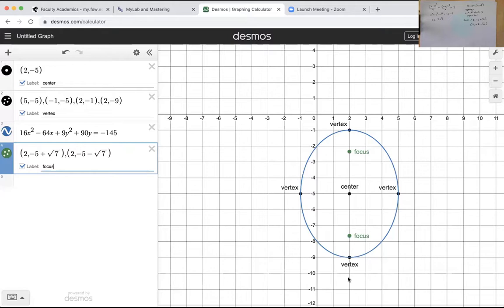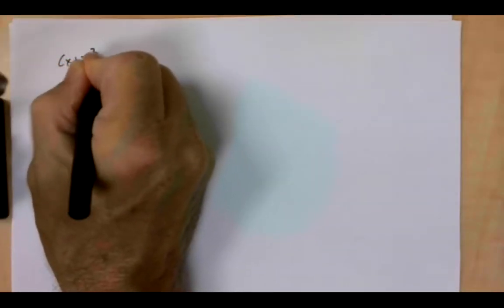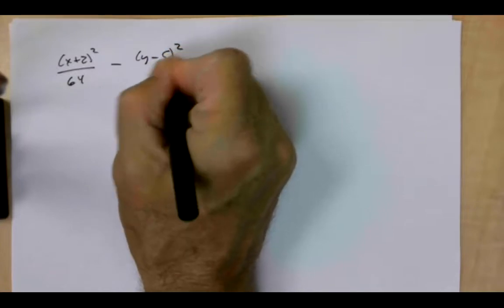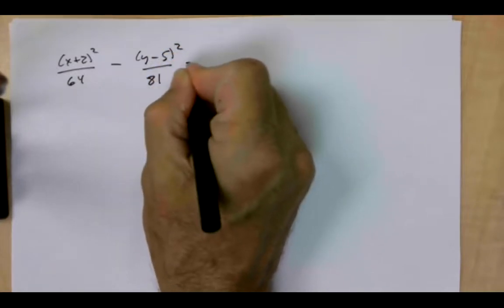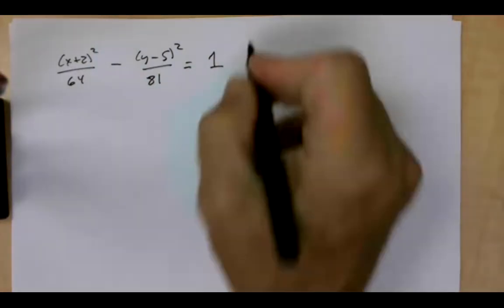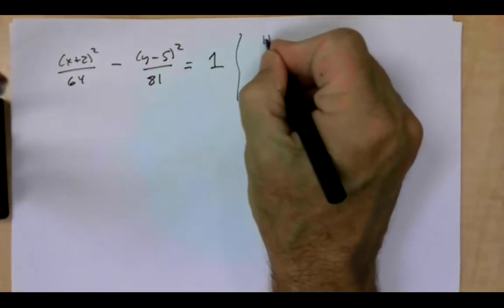And let's remind ourselves one more time of the hyperbola we looked at earlier. That was x plus 2 squared over 64 minus y minus 5 squared over 81 equals 1. And the formula that we need for the focus here, this is a hyperbola.